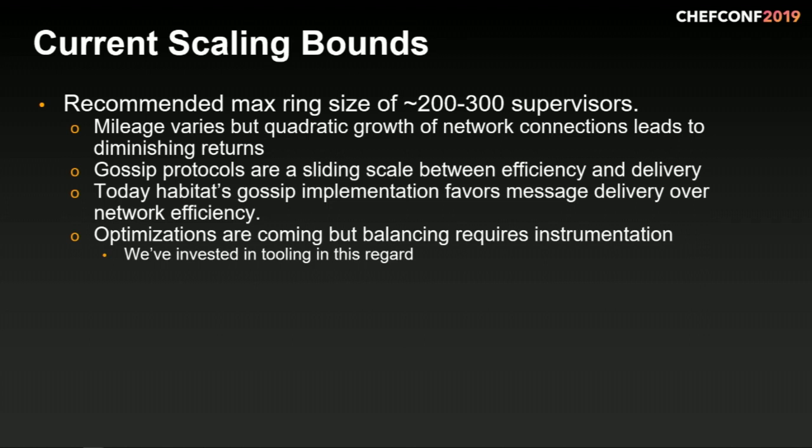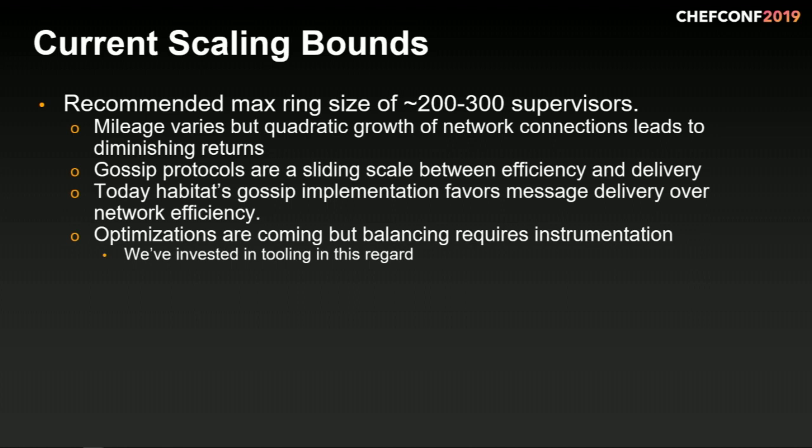Also a big thing to consider when you're thinking about these ring sizes: you start with a couple services and there's always another service, it seems like. As you start habitizing things on machines, there's another agent or another team that has a managed service or something that when people see the results, they want in on it. So you want to have a little bit of room to grow, and right now 200 to 300 max ring size is about where that's at.